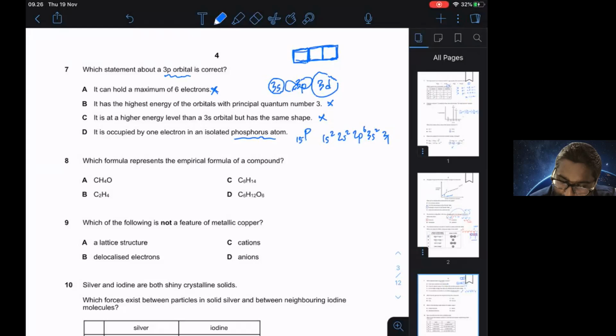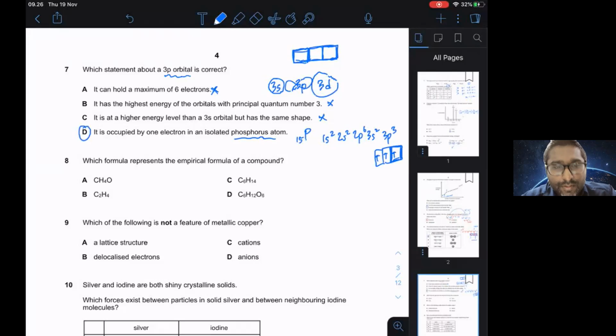So 3p3. When I draw, I will have 1, 1, 1. When we say it is occupied by 1 electron in an isolated phosphorus atom, in this particular orbital there is only 1 electron. So that's going to be the answer for 7.